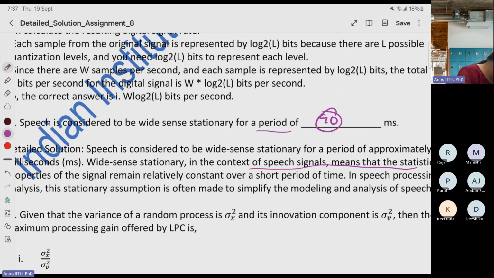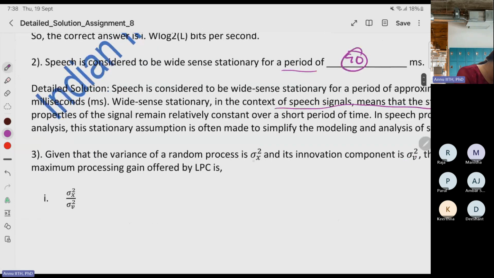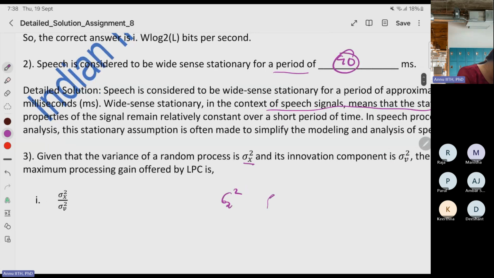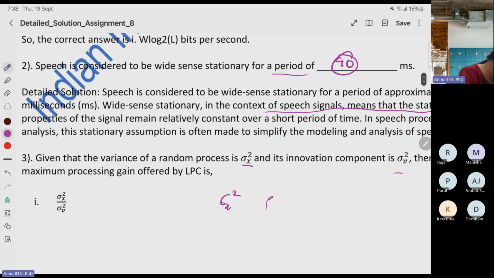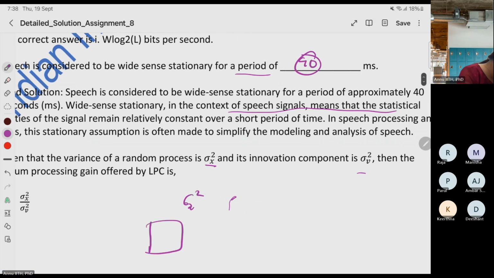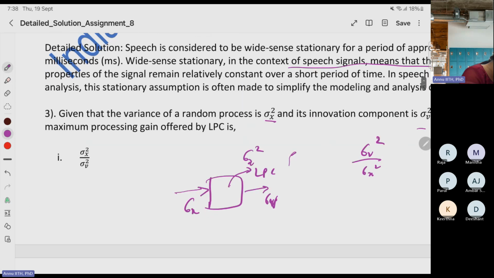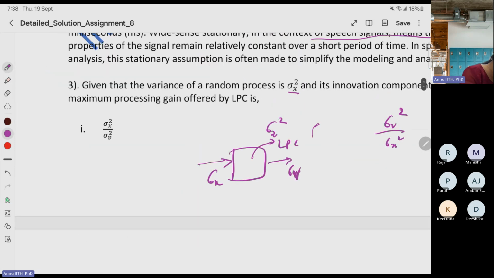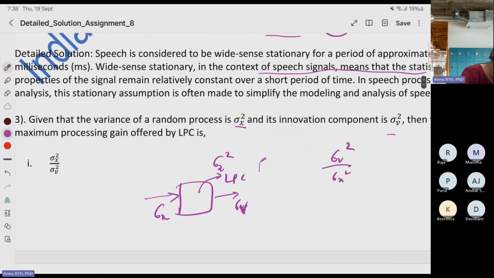We can see that given the variance of the random process is sigma x squared and its innovation component is sigma v squared, then its maximum processing gain, where this is sigma x and this is sigma v, and this is some LPC. The processing gain is sigma x squared by sigma v squared.